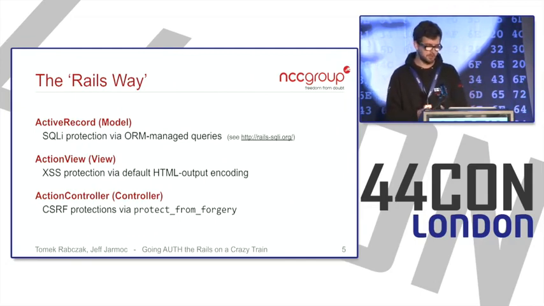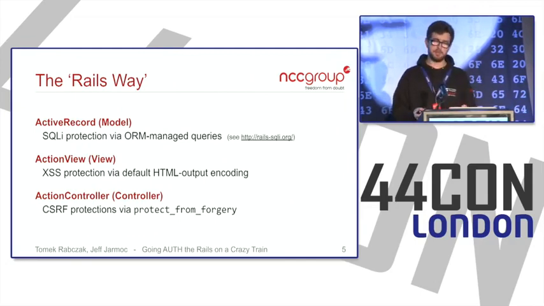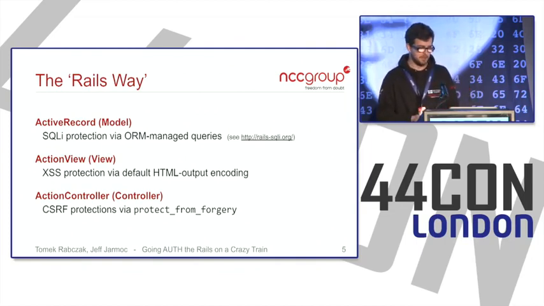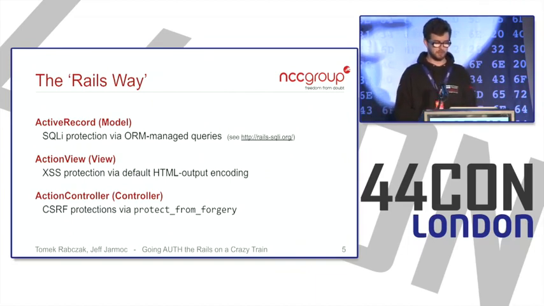Action View is responsible for actually rendering the views that the users see. Again, you're getting a lot of default XSS protection here. Of course, they have methods available where you can output raw data, so you still have the possibility of XSS, but you've got that protection by default. Action Controller is going to be the controller classes that you'll have in your application. You get things like CSRF protection right off the bat, through the protect_from_forgery method that you'll see at the top of the application controller.